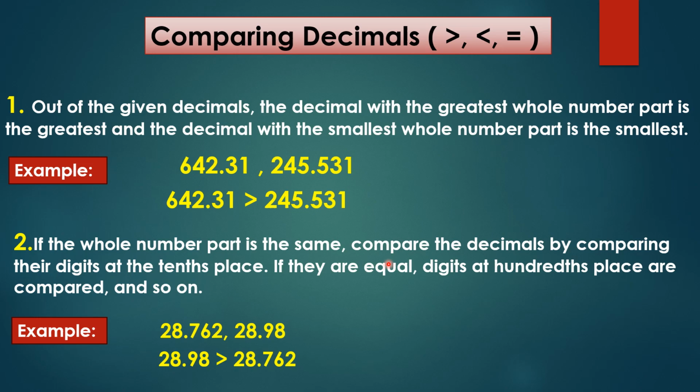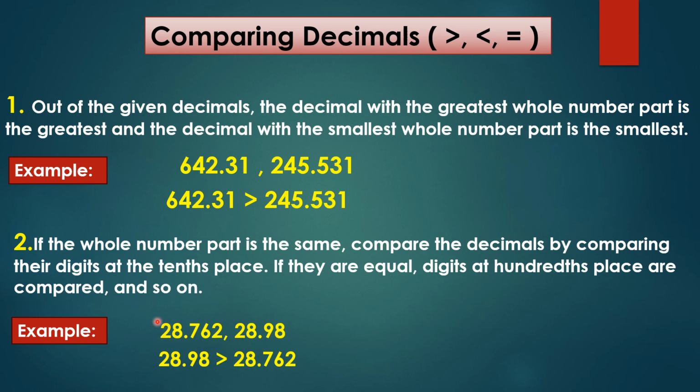If the whole number part is the same, compare the decimals by comparing their digits at the tenths place. If they are equal, digits at the hundredths place are compared, and so on. For example, these are decimal numbers 28.762 and 28.98. 28.98 is greater than 28.762 because the whole numbers of both are the same.